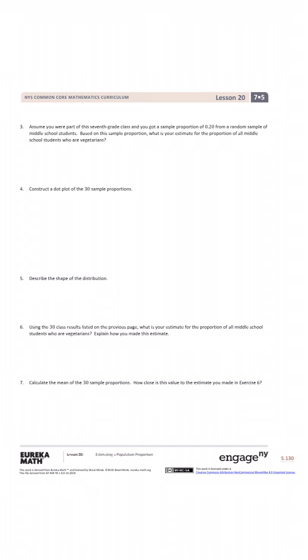Now we want to construct a dot plot of the 30 sample proportions. So we are going to have it from 0 to 3/10 or 30/100ths.